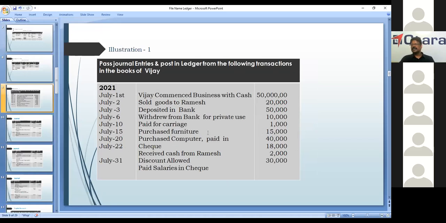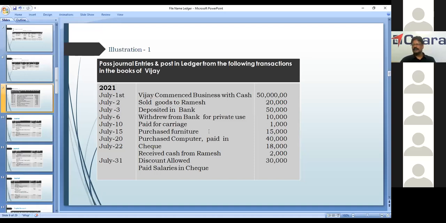So what is coming in? Furniture. It's an asset. Okay. And then purchase is an expense. Right. So what is the entry here? If you are purchasing furniture with cash, cash is going out. So what is coming in? Furniture. Furniture falls in real account. Something is coming inside, something is going out.